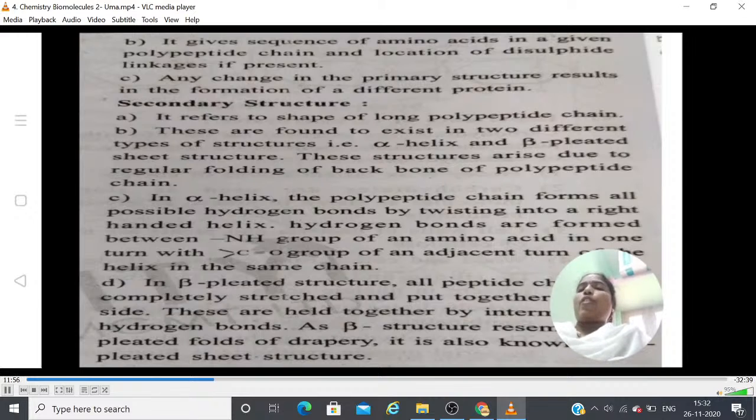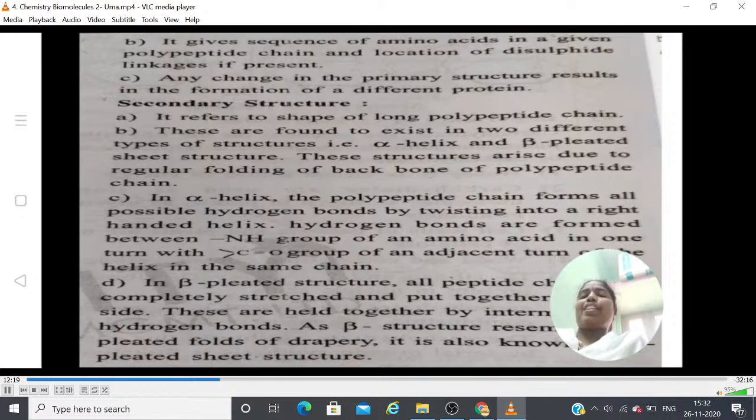The second level of protein structure is secondary structure. It refers to the shape of the long polypeptide chain. These are found to exist in 2 different types of structures.